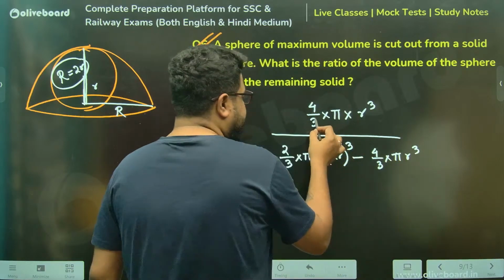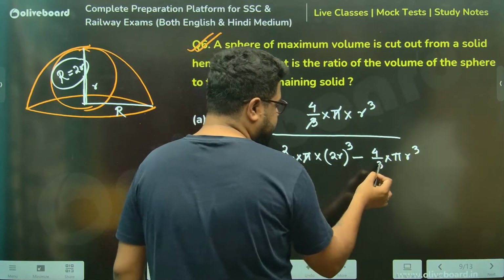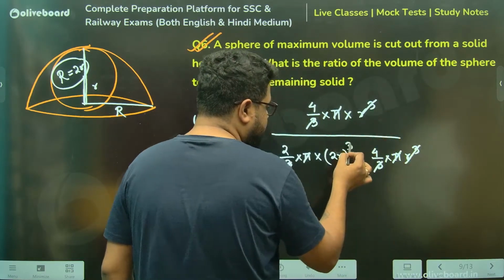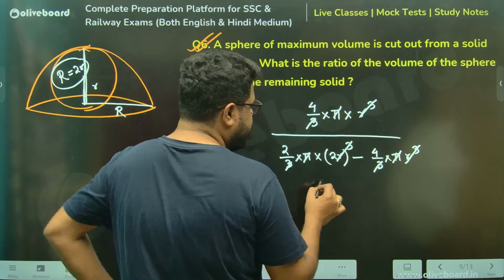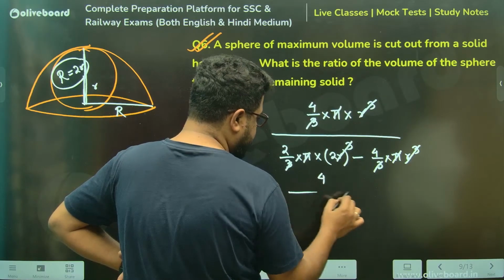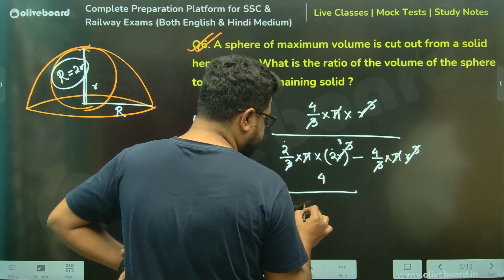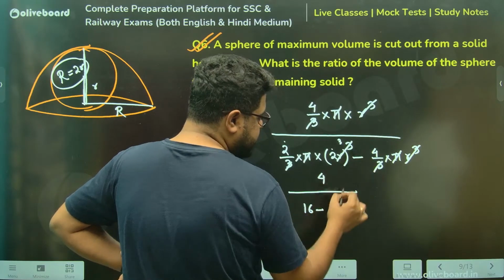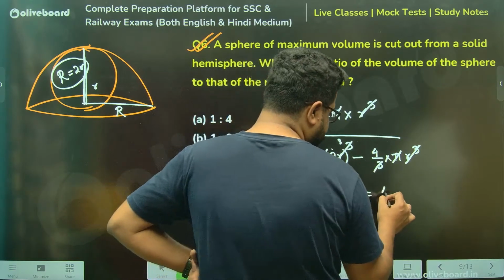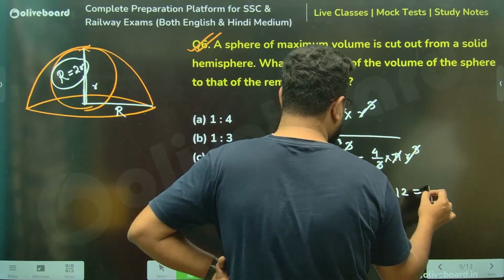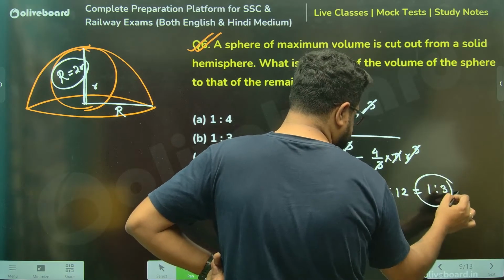So 3 pi and r cube get cancelled. We are left with 4 here. This is 2 and 2 cube is 8, so 8 into 2 is 16, minus 4. So 4 is to 12, or you will get 1 is to 3 as the correct answer.